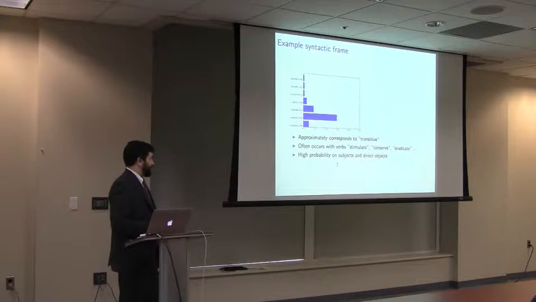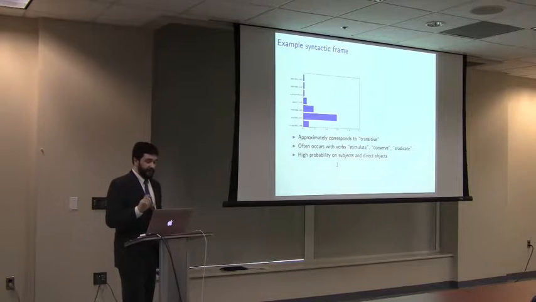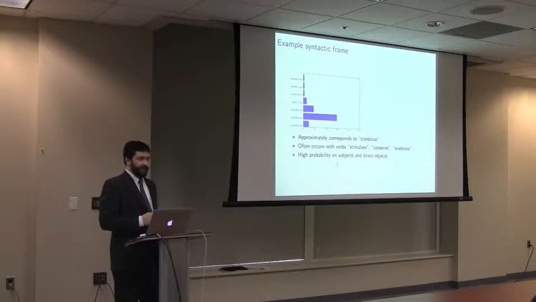One problem you might notice with this setup is that the categorical distributions are actually incapable of perfectly capturing the notion of the transitive frame, because you would want to be able to specify that there has to be a subject and there has to be a direct object. But it's incapable of doing that because it's taking its mass from the same pool of probability and it has to normalize to 1.